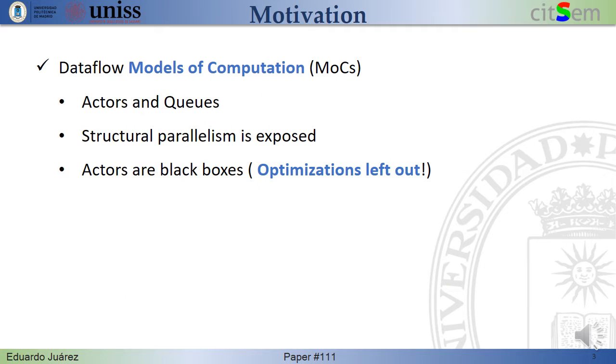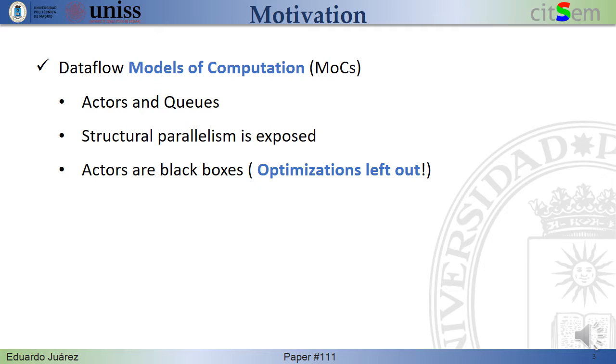Modeling an application implies using a formalism to describe its behavior, abstracting it from the implementation details. This abstraction can be provided by models of computation, MOCs. Among the extensive list of available MOCs, Dataflow MOCs are a promising solution to ease the representation of the application parallelism.